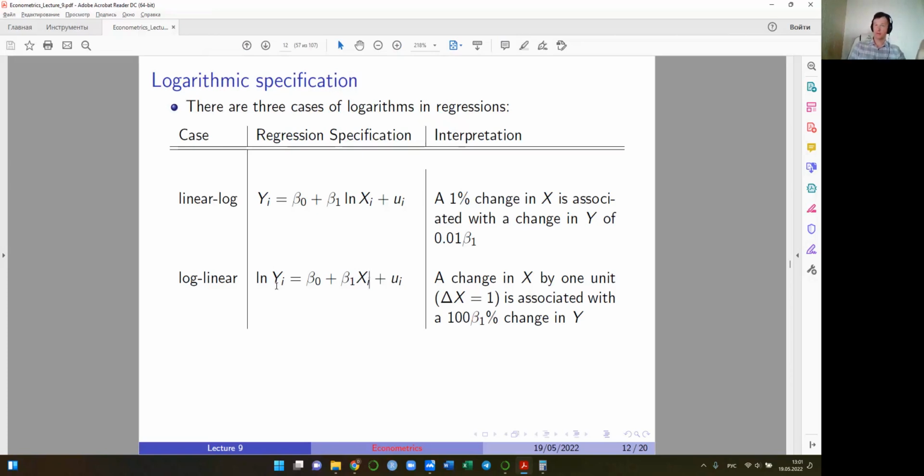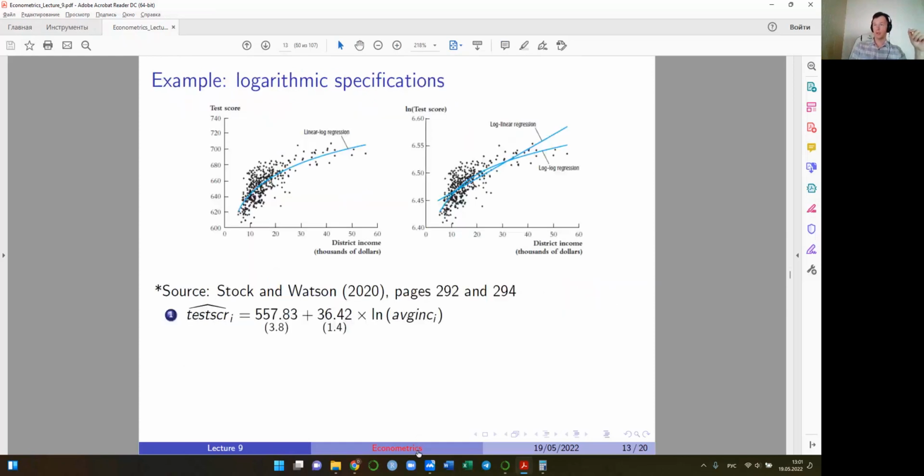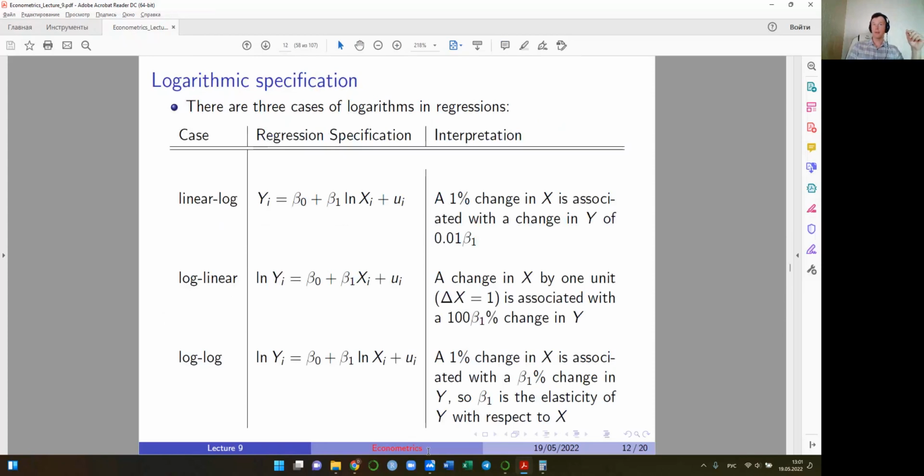And the third specification, as you may guess, is the log-log specification. You will see this specification in your last home assignment, where I will put something like a cost function to have a link with microeconomics.